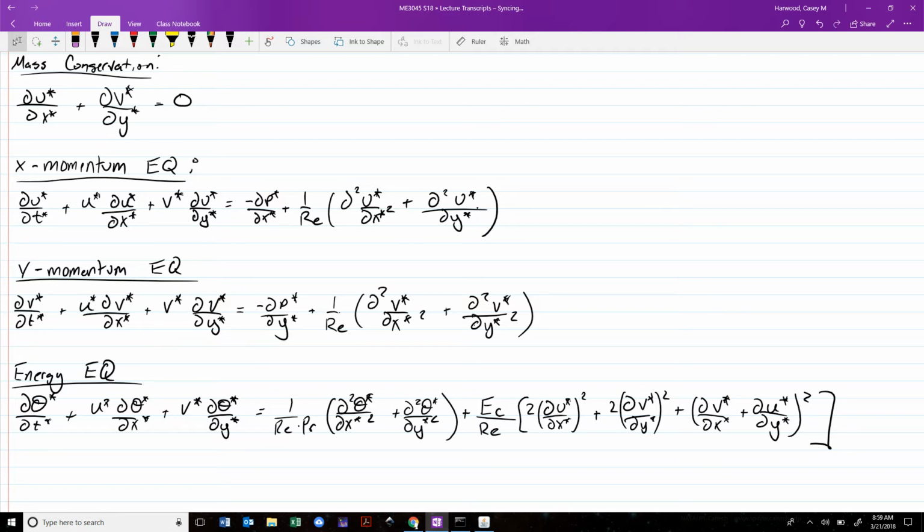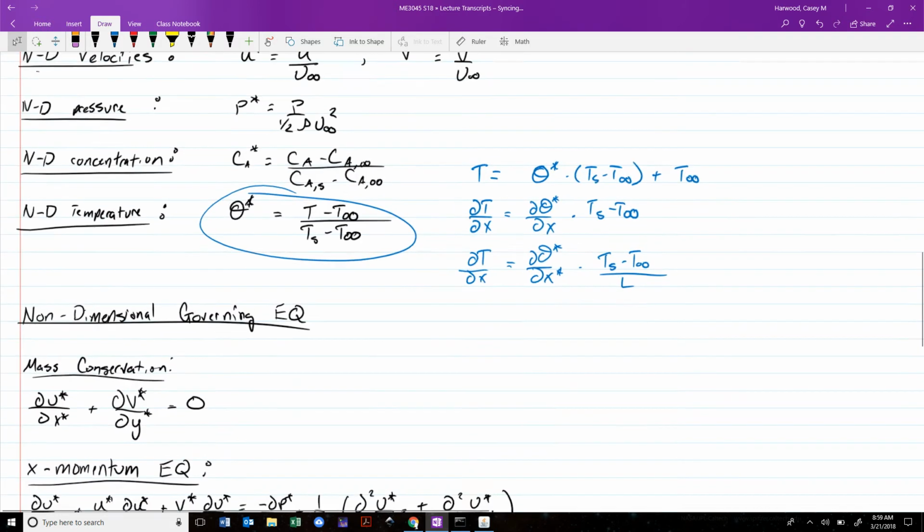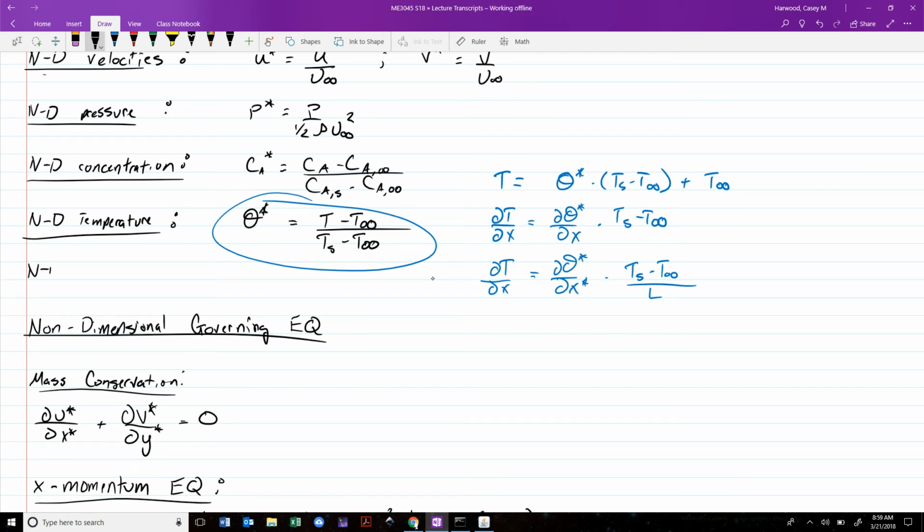I just realized that there's one term in here that we didn't define, which is this t star, non-dimensional time. Typically, if I scroll back up here, we would say that non-dimensional time, t star, is equal to time divided by L over U infinity.